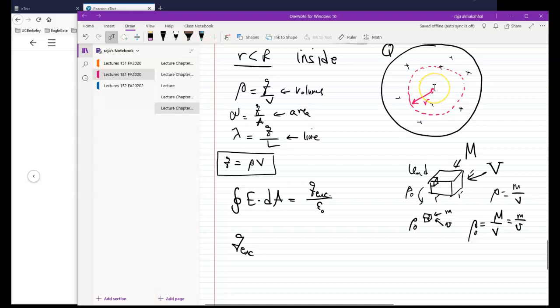That charge enclosed is less than big Q. It's a fraction of it. It's part of it. It's like this small m is part of this big M, or this small v is part of this big V. You get that? Okay. Well, by definition, we have the charge density rho is equal to Q over V.